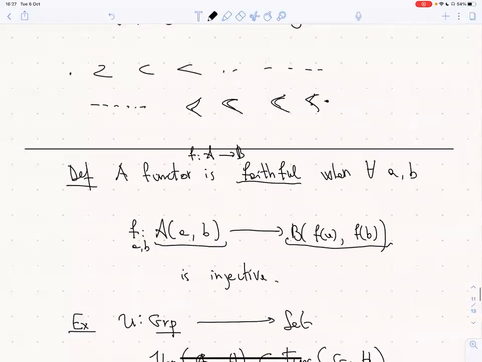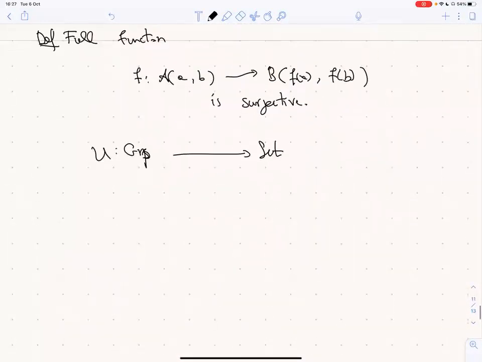So this is an example of a functor which is full. So here the motto is forgetful functors are essentially never full. Very good.